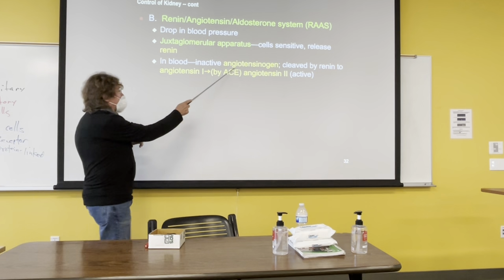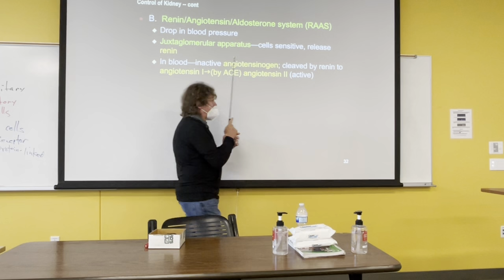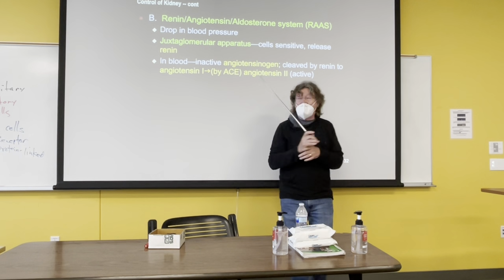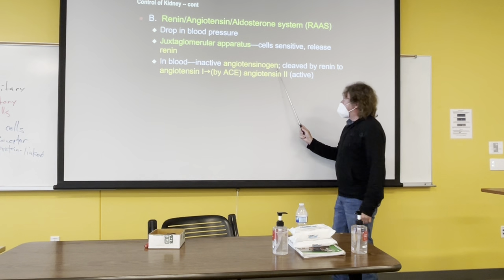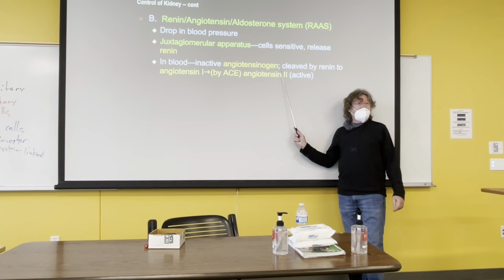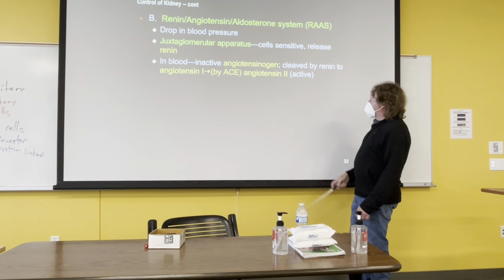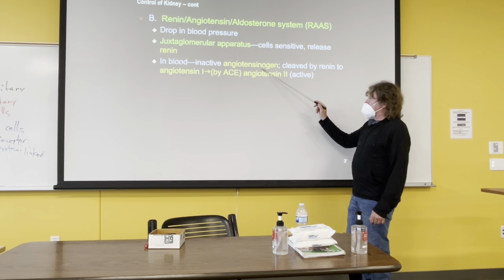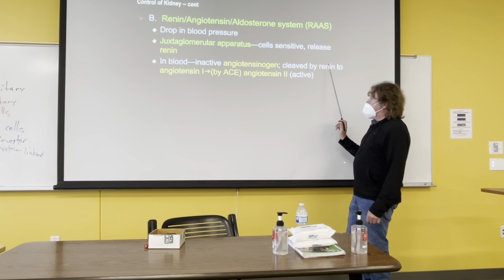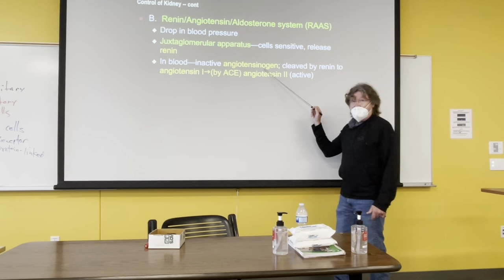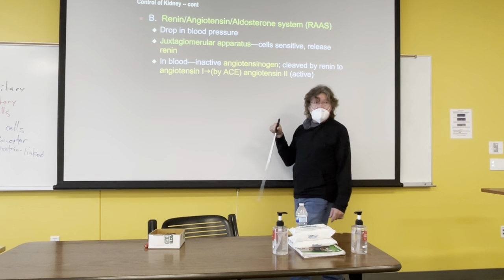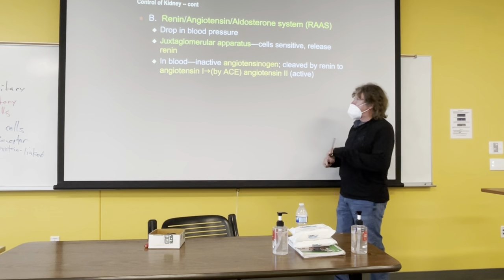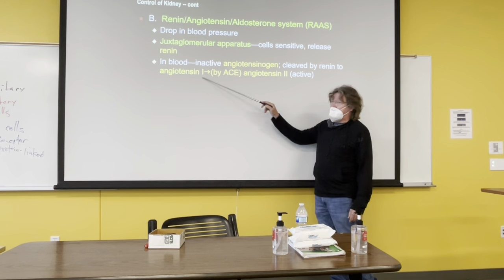But this is produced by the liver, the blood protein angiotensinogen. Once again, notice that ending, GEN, that's a common ending on all types of zymogens. This is a protein, and that is the target of renin. Renin will cleave a peptide bond on this. It leads to a conformational change, and it produces a protein that's now called angiotensin 1.